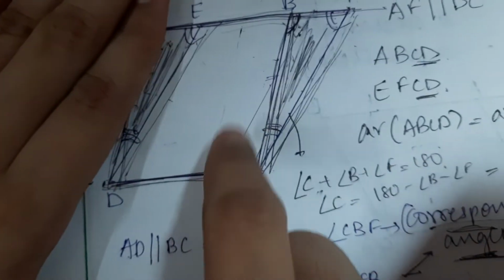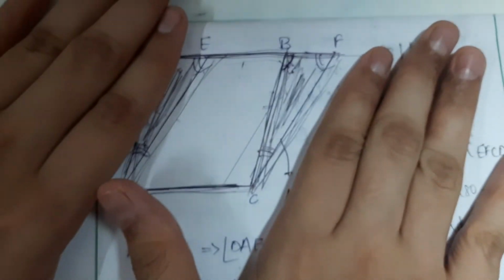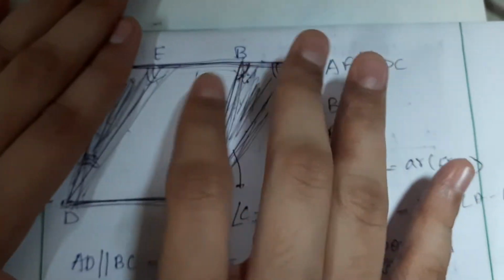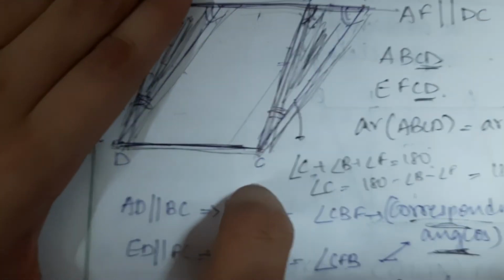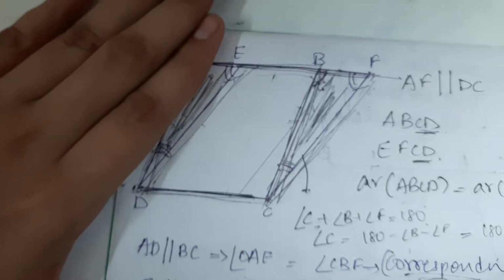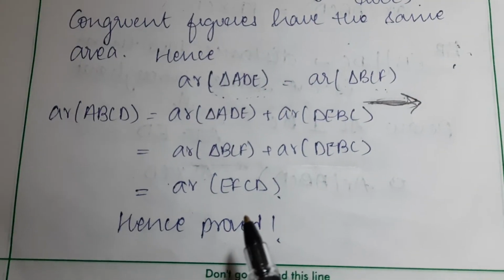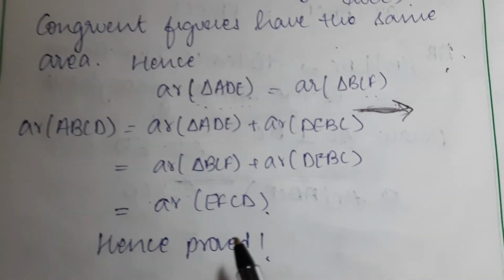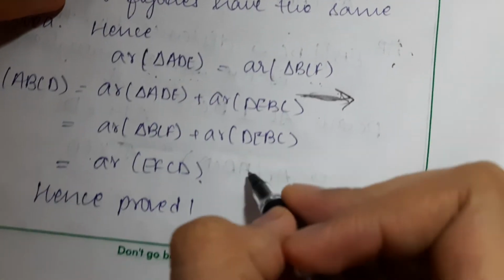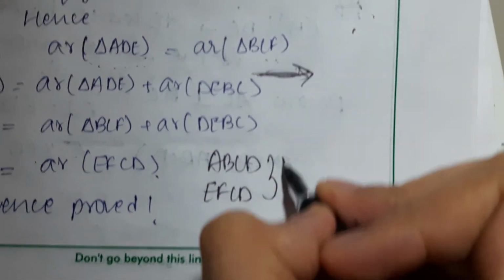Because second parallelogram is what? EFCD. EFCD area can be talked as area occupied by EBCD plus area occupied by BCF. So that means this is nothing but the area of the second parallelogram. Hence we have proved that area of ABCD equal to area of EFCD if ABCD and EFCD are parallelograms.